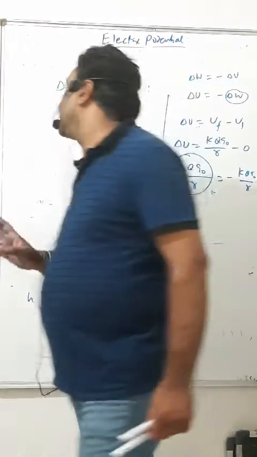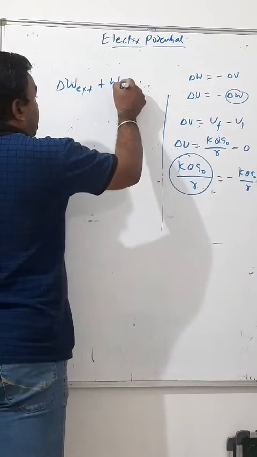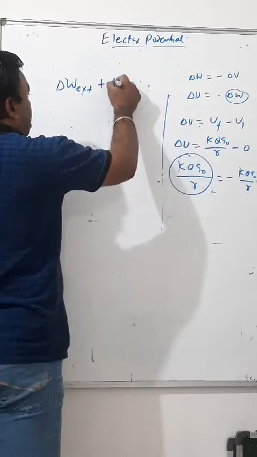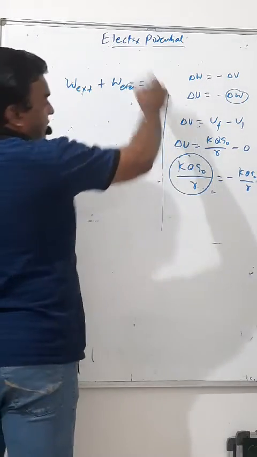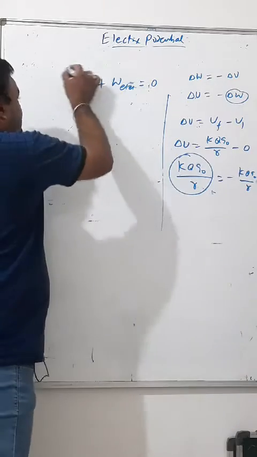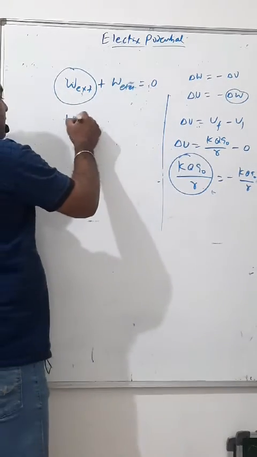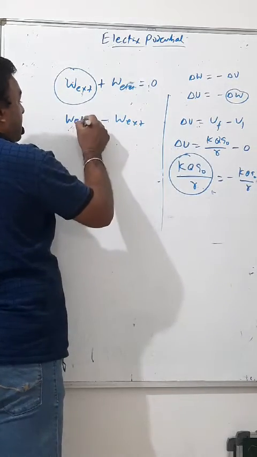Here I say delta W external plus delta W electrostatic, or I simply write W net must be 0. What we calculated is external. Then W electric is minus of W external. I write here.